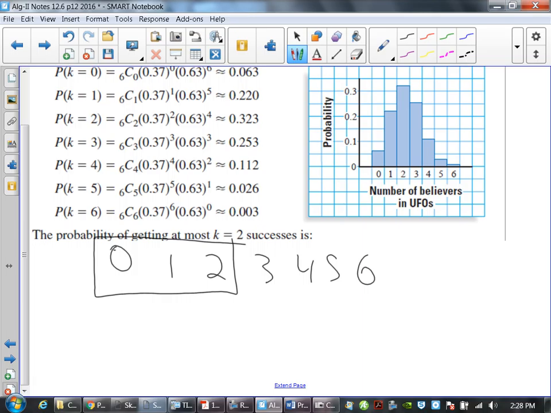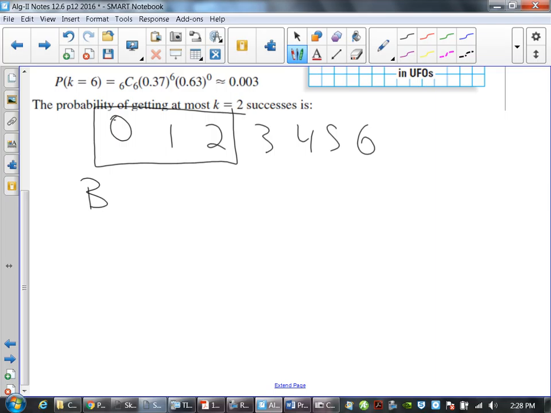When you do a Bino CDF, it counts up to whatever you give it as a k value. It starts at 0, so it'll do the bino PDF of 0 plus the bino PDF of 1 plus the bino PDF of 2. It'll do that calculation for you and add up the 3 separate possibilities.